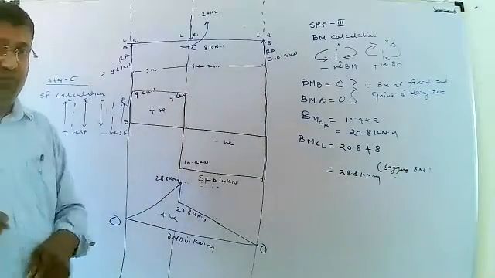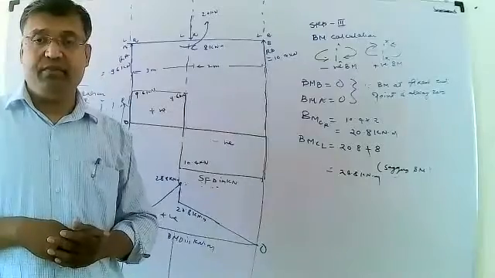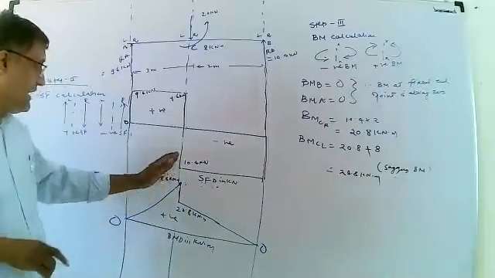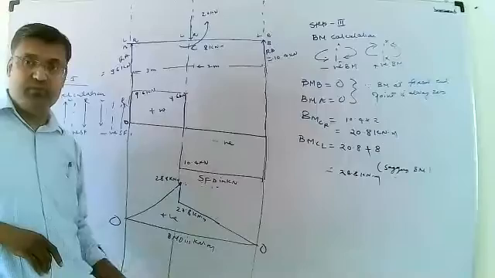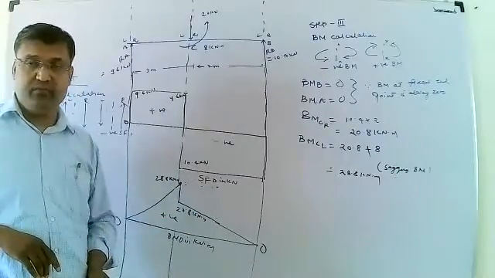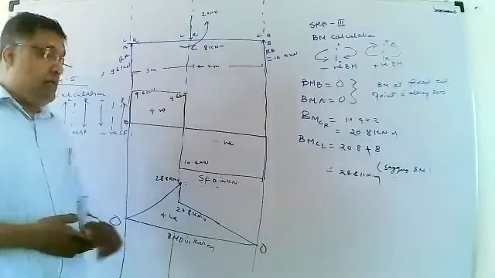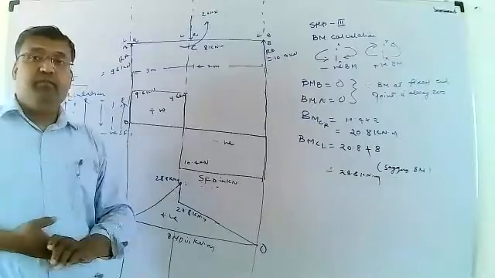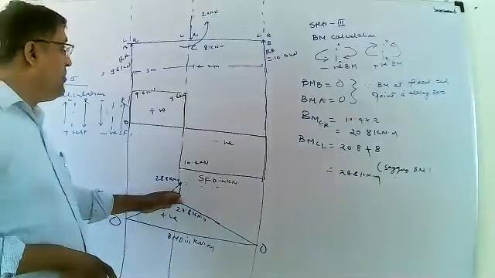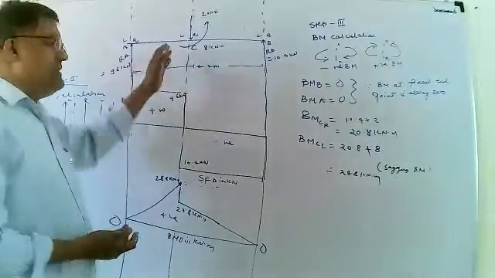Okay, and if you want to draw BMD at a particular point where a couple is formed, then if the direction of the couple is anti-clockwise, the line will be drawn in the downward direction, it will drop. If the couple is clockwise, the line will be drawn in the upward direction. Okay, that is the difference.